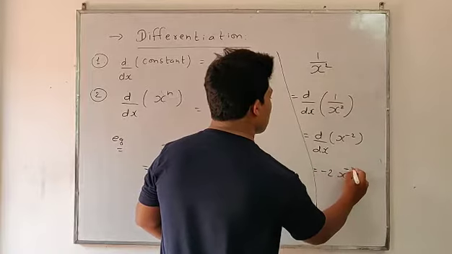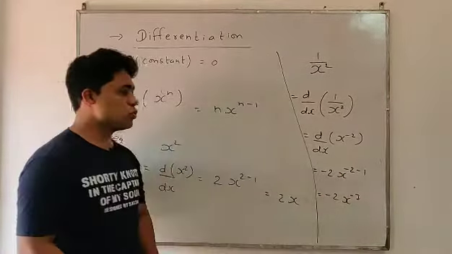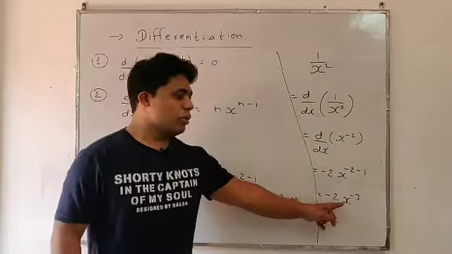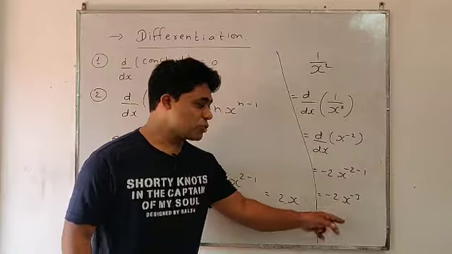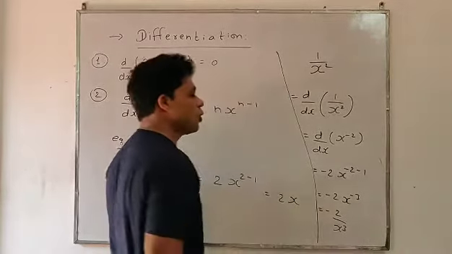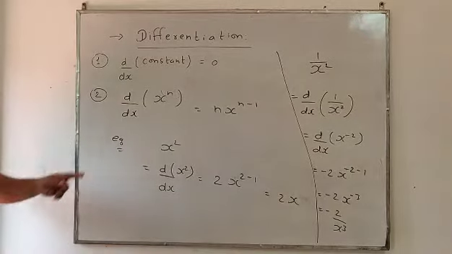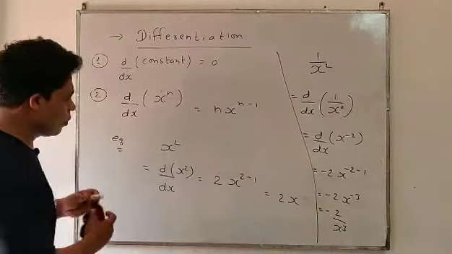Minus 2 x power minus 2 minus 1, that is minus 2 x power minus 3. And one more step we can take: taking it downwards, it becomes minus 2 upon x power 3. So this we can also write. That is one of the most important formulas. Mostly we'll use this formula, x to the power n.